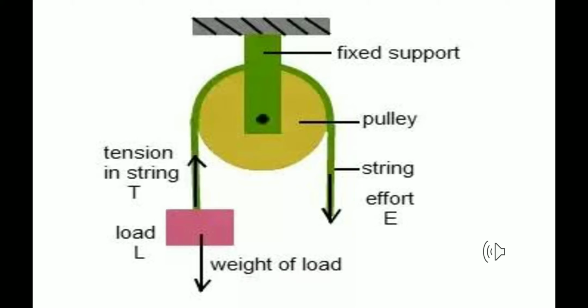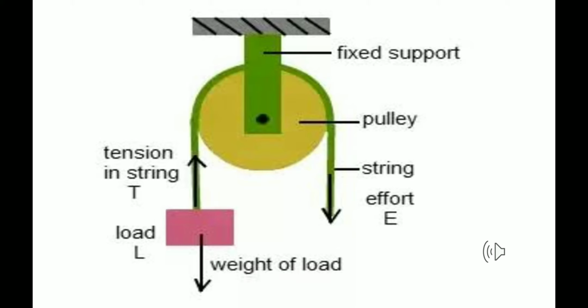Now you can see a rope which is moving around that circular path. On one side the load is hanging and on one side you can pull the rope, and that is the effort which you will apply. Okay, so now you can see the pink part is the load.